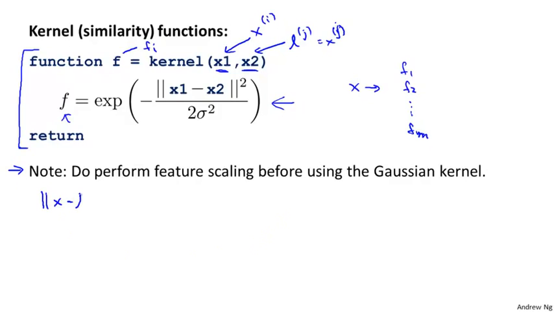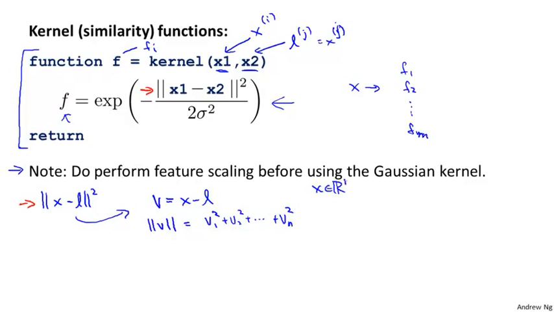If you imagine computing the norm between x and L, right? So this term here is sort of like the numerator term over there. What this is doing, the norm between x and L, that's really saying, let's compute a vector v, which is equal to x minus L, and then let's compute the norm of this vector v, which is the difference between x and L. And so the norm of v is really equal to v1 squared plus v2 squared plus dot dot dot plus vn squared, because here x is in R^n or R^(n+1), but I'm going to ignore x0.